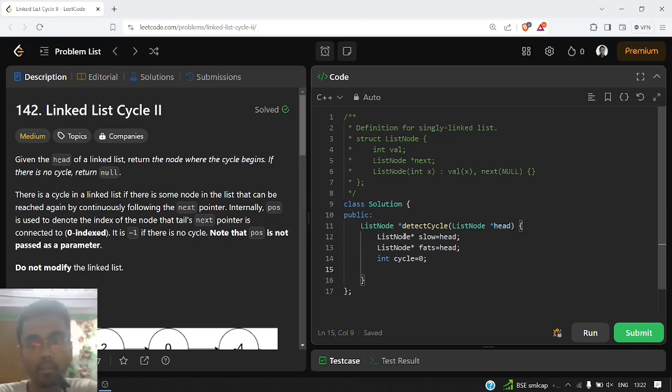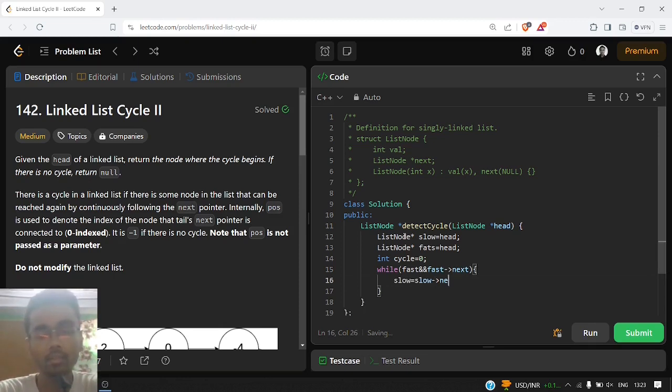So initially we will assume that there is no cycle, and we will run the cycle detection algorithm that we have seen in the previous video. So while fast and fast next, what we need to do? Slow equal to slow next, and fast equal to fast next, and then again next.